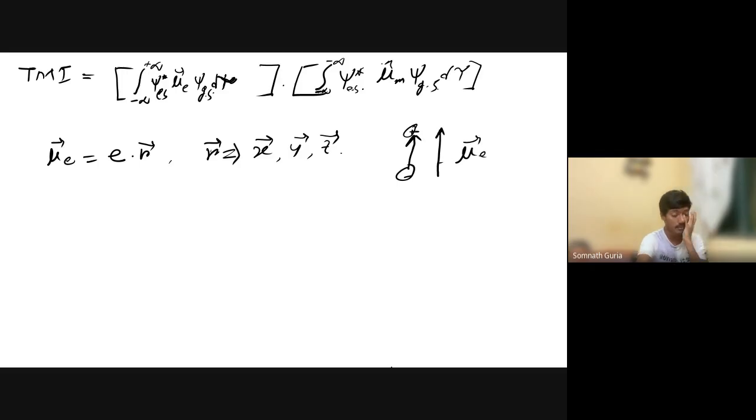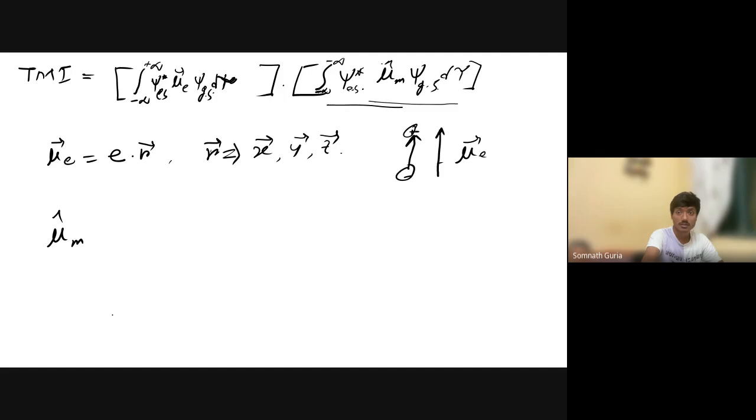Okay, now another part is the magnetic moment part of this transition moment integral. So in that case, how can we write the magnetic dipole moment? This is the mu m.